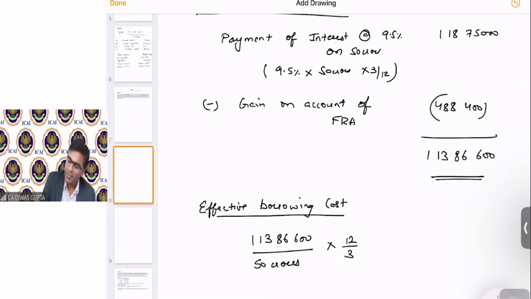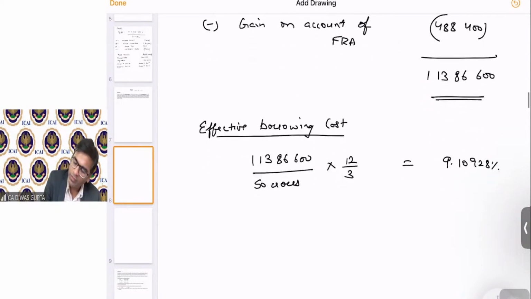Correct? For annualized number, you will get 9.10928 percentage, which is approx 9.1%, which is the FRA 6 by 9 rate.